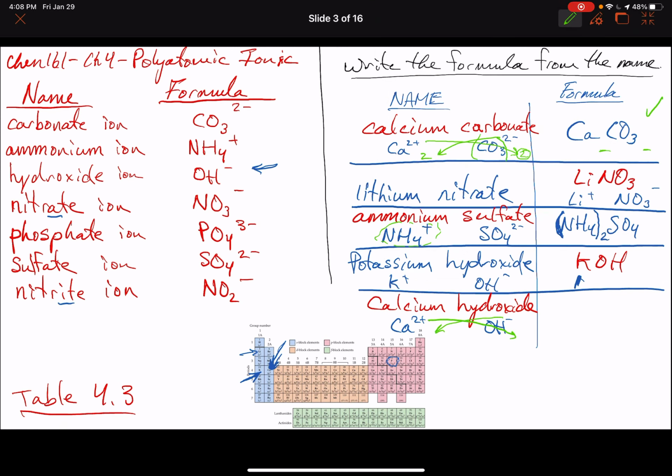We're dealing with a polyatomic, so we have to be sure to think about parentheses if we're going to list a subscript here. And so we'll reflect that in our final answer. We will have calcium 1 balancing the overall charge value of OH, and we need 2 of those. So we're going to put parentheses there and put a 2 there, and this is the correct answer.